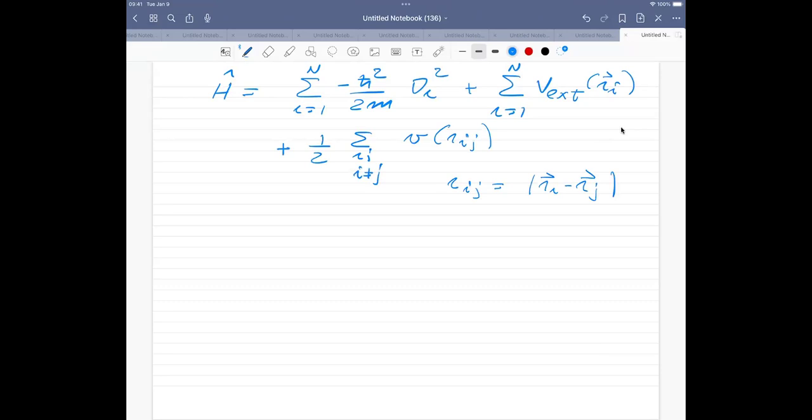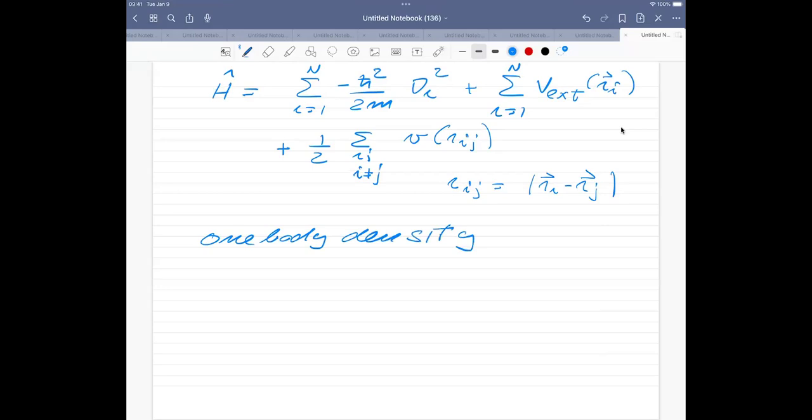Now, there is another quantity which we calculated and introduced in the beginning of the semester. It is normally called the one-body density. Let me quickly remind you of these quantities here.